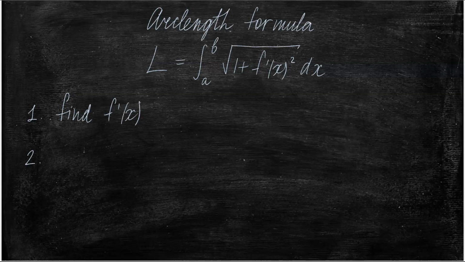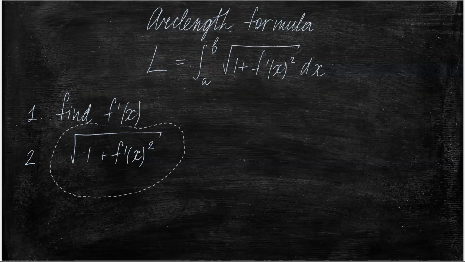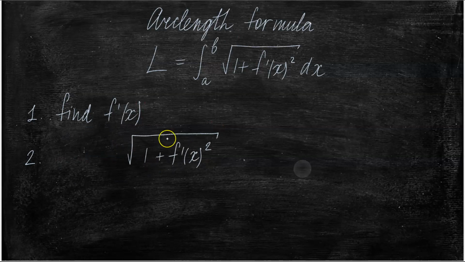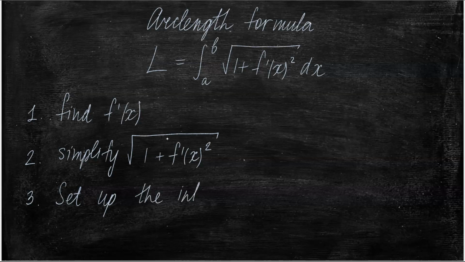In the second step, you want to do all this algebraic manipulation. So after you found your derivative, you want to square it, add 1 to it, take the square root, and make sure that it is simplified. And after you simplify that, only then I would suggest you set up the integral.